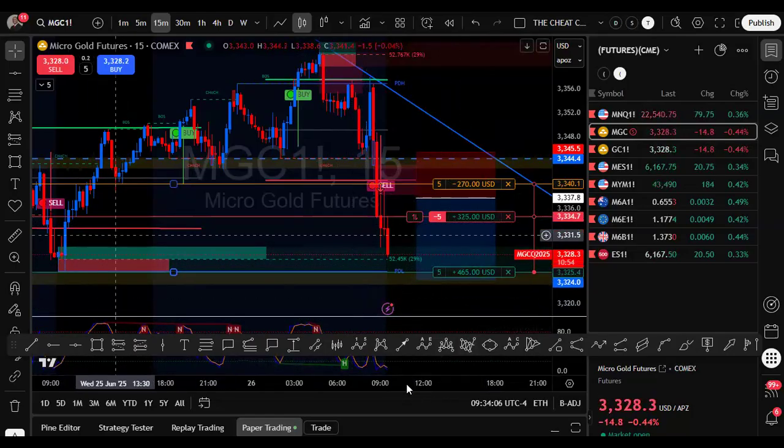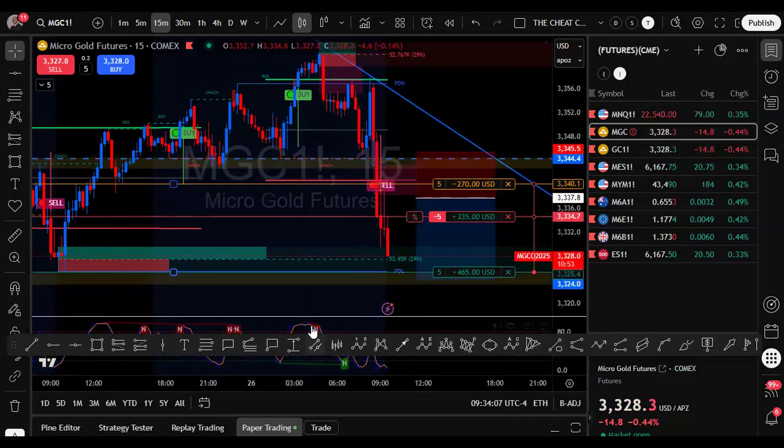They want to get this liquidity down here to wipe out this open. That's what they want to do.